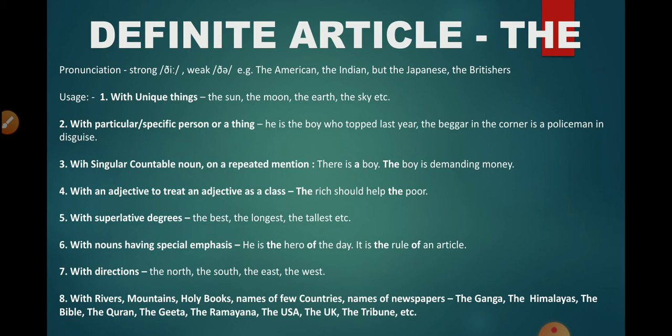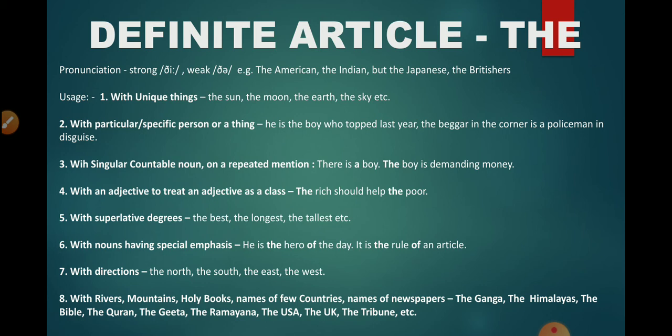Fine. The next rule goes with an adjective, to treat an adjective as a class. This is again an important rule. We usually use words like rich, poor, wealthy, downtrodden. Such adjectives we use just to qualify or tell the quality of a particular noun, but sometimes these adjectives are used to represent a full class of those kinds of persons.